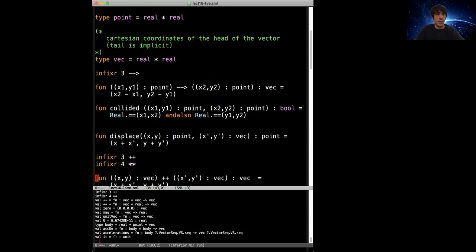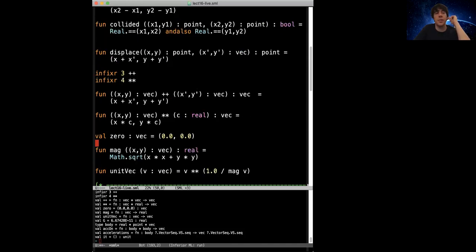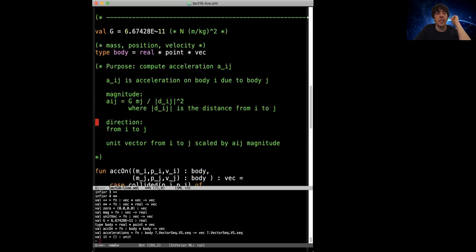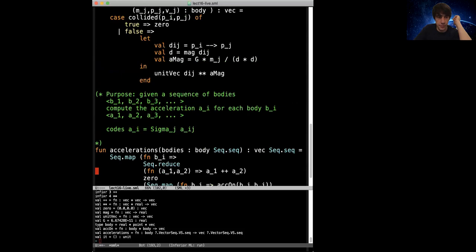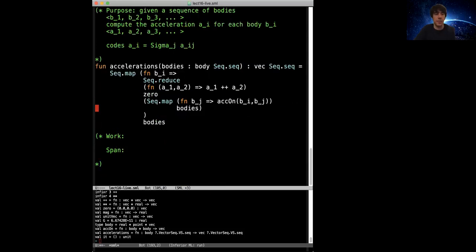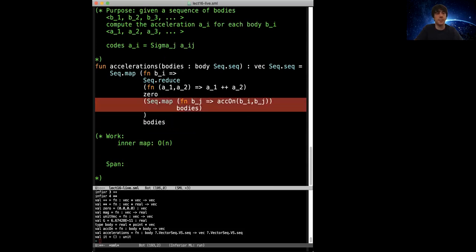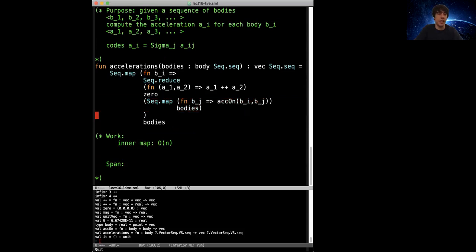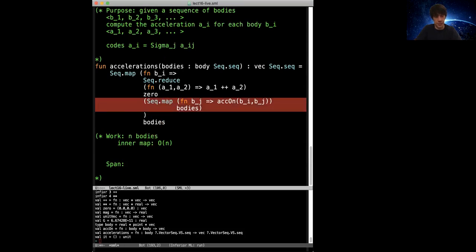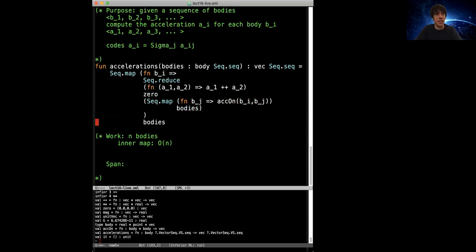And if we page back to all of our vector operations, they're not recursive or anything. They're just doing a bunch of arithmetic, because we have fixed size vectors there. So acon is constant time, which means the first thing we can say is that the inner map is order n work, because this inner map is mapping a constant time function on n things, assuming we have n bodies.